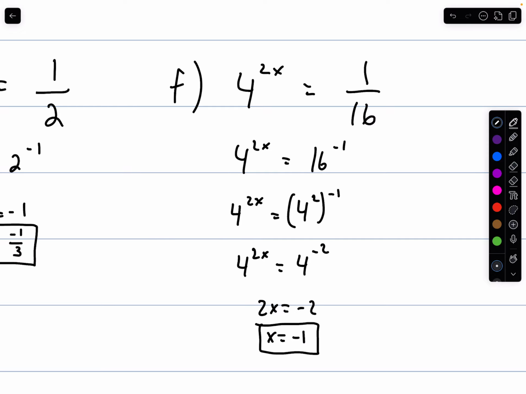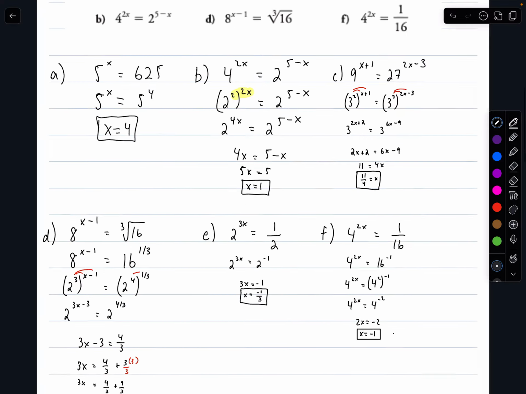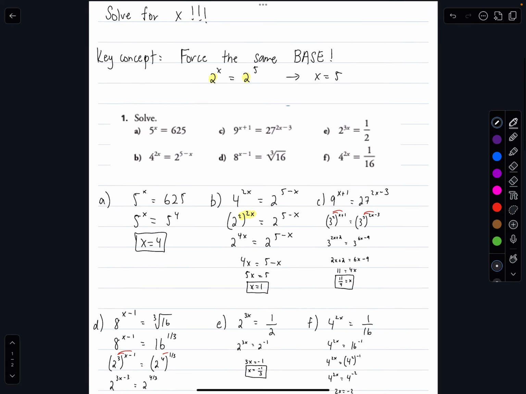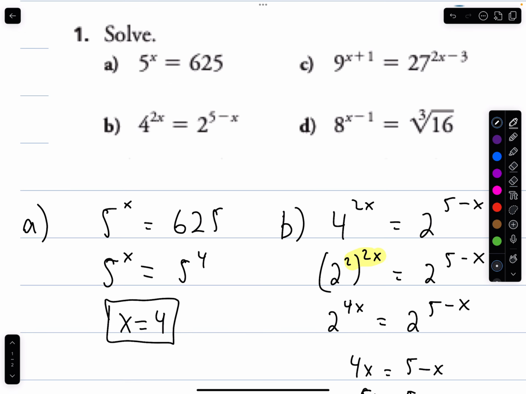So the biggest concept, guys, that I want you to know is that we're forcing the same base. Whenever we're solving exponential equations, we're always forcing the same base. So you got to know these things. So for example, 625. Obviously, some of you may not know off the top of your head that 5 to the power of 4 is 625.